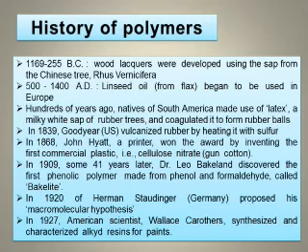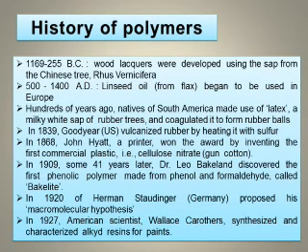In 1868, John Hyatt won the award by inventing the first commercial plastic, that is cellulose nitrate. In 1909, some 41 years later, Dr. Leo Baekeland discovered the first phenolic polymers made from phenol and formaldehyde, which is known as bakelite.